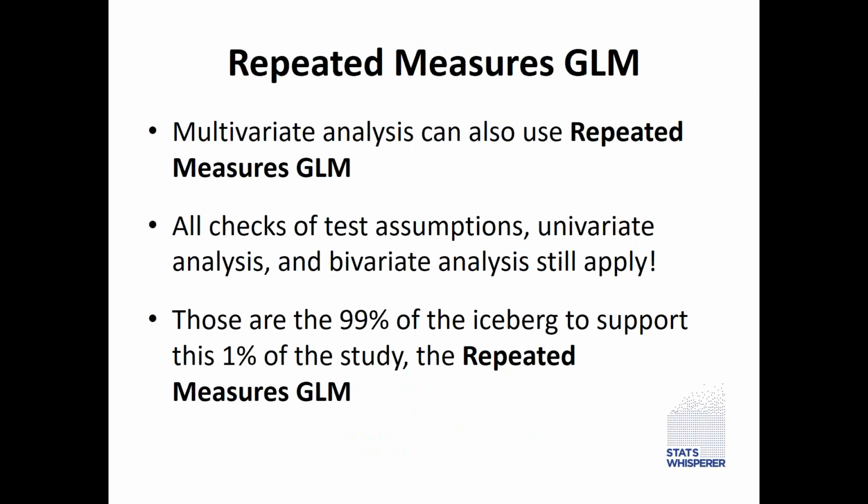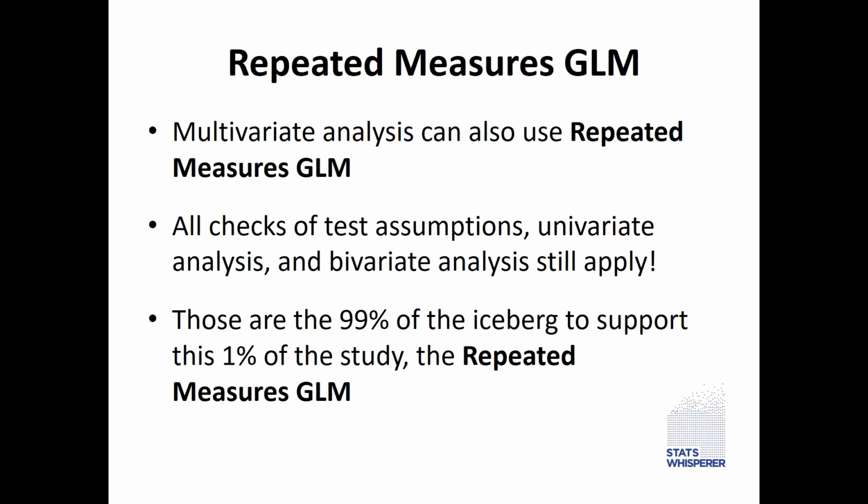So all the test assumptions that we looked at, the homoscedasticity and linearity and normality, all that had to be looked at also, so we know we had equivalence of variances, so we could do the GLM, because the GLM is also a parametric F-test, and you need to look at those things.